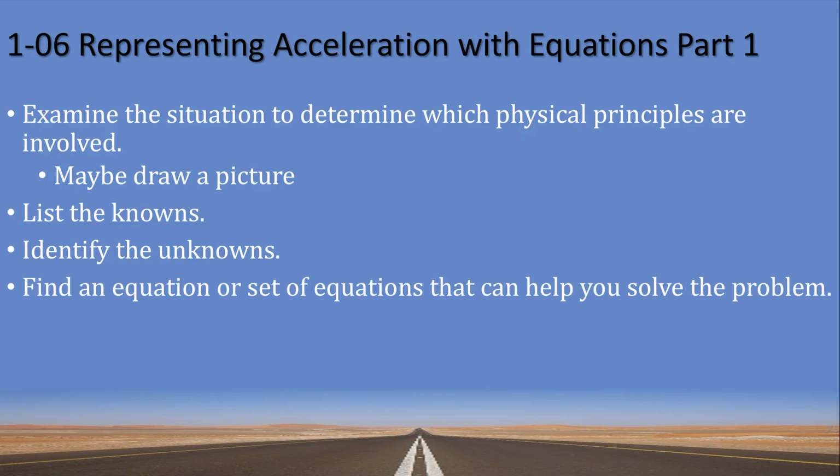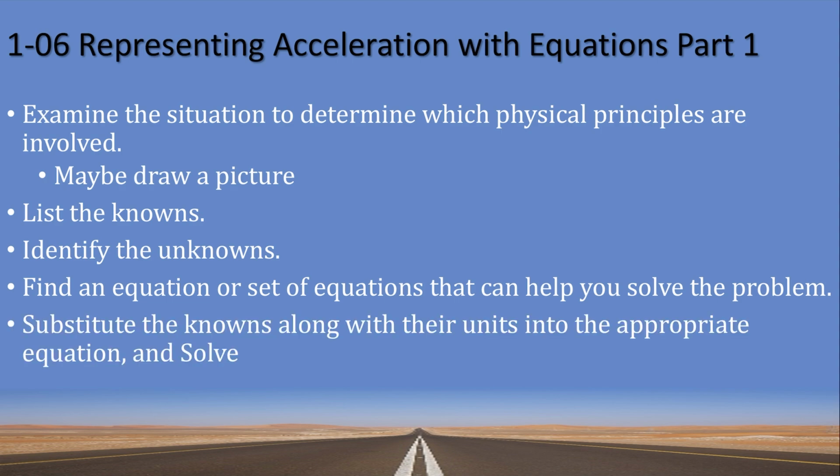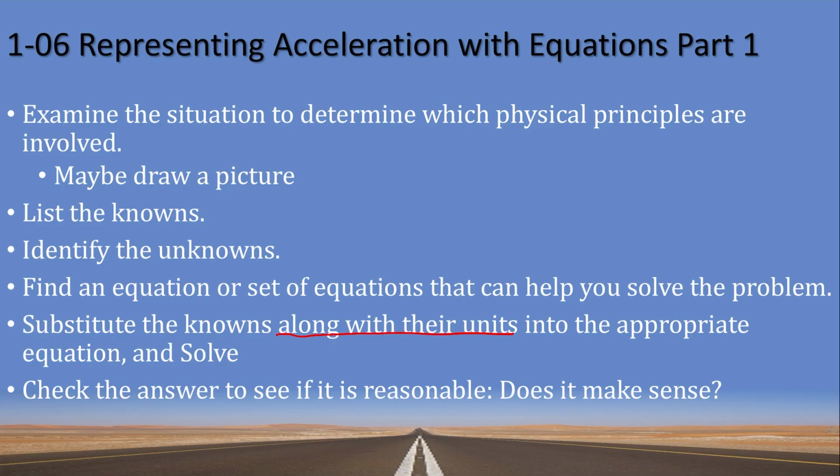And then you find an equation or set of equations that can help you solve the problem. Substitute the knowns along with their units into the appropriate equation and solve. Then lastly, check the answer to see if it is reasonable, if it makes sense. If you have that the person is walking 500 meters per second, you probably did something wrong.